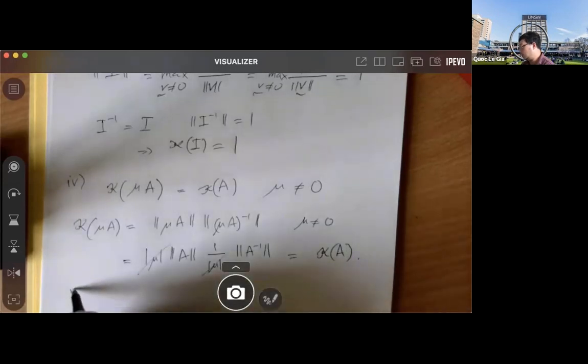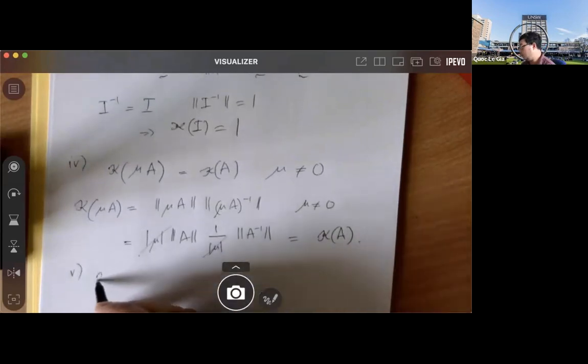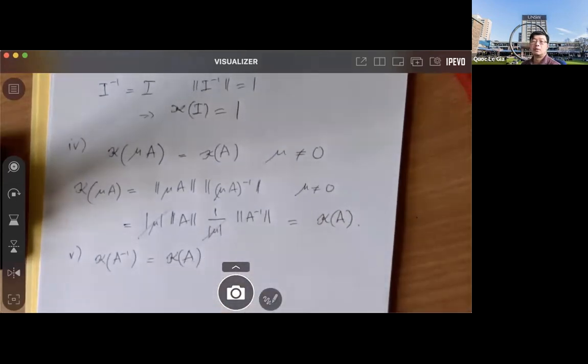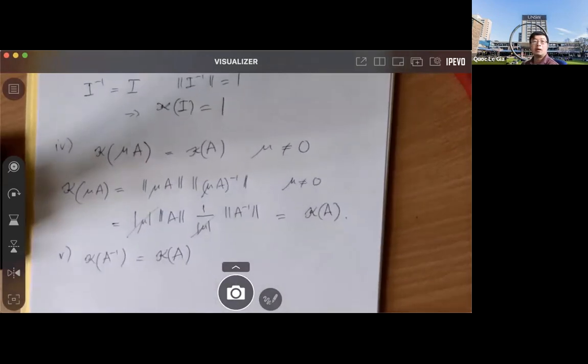And the fifth one is that the condition number of A inverse is the same as the condition number of A. So why is that? Anyone?